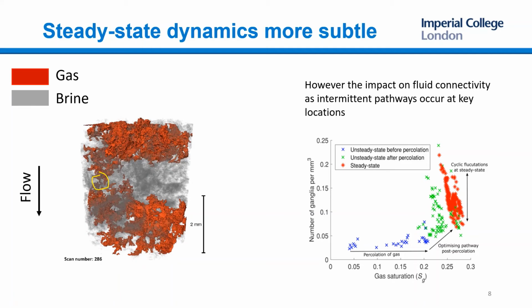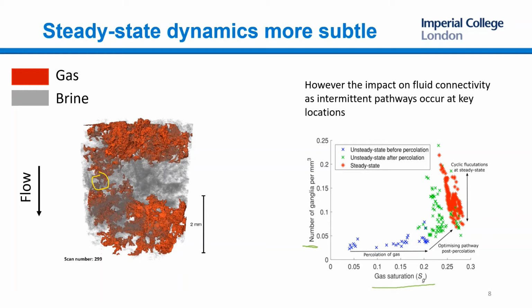So on the y-axis, we have the number of ganglia, the discrete number of ganglia per unit volume. And on the x-axis, we have the gas saturation. And I've split this graph into the 3 stages, which is the unsteady state stage before percolation has occurred, unsteady state after percolation has occurred, and steady state in red.